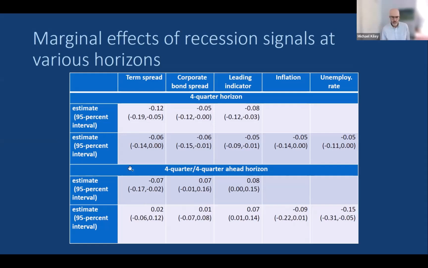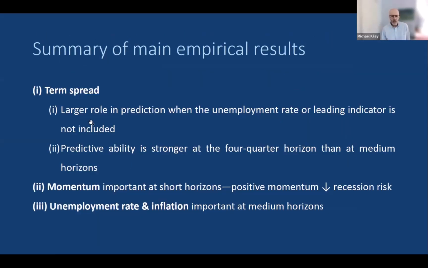Now, just to summarize, and then to get back to how this ties in with business cycle dynamics. The term spread has a larger role in prediction if one ignores measures like the state of the business cycle, ignores the unemployment rate or the leading indicator, and its predictive ability is very good at a 4-quarter horizon.